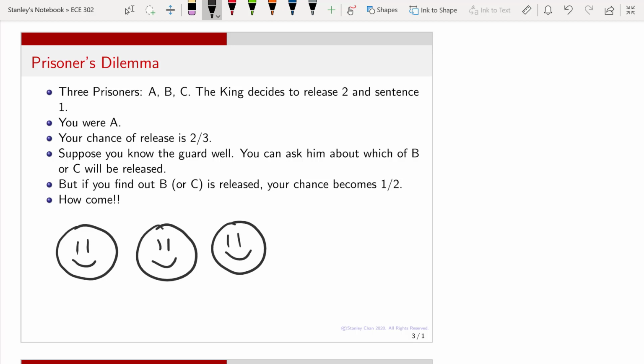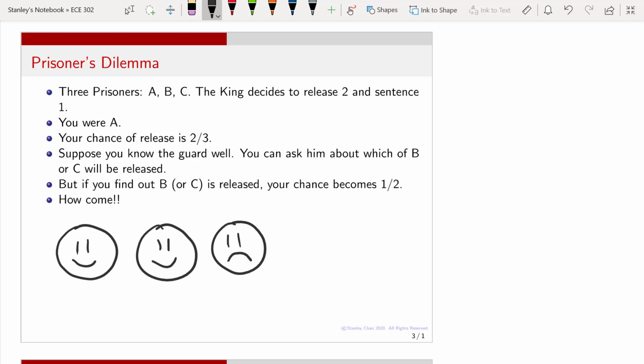So they are A, B, and C. The king decides to release two of them, and he is going to sentence one. So among the three, two will become happy, and one will be unhappy.